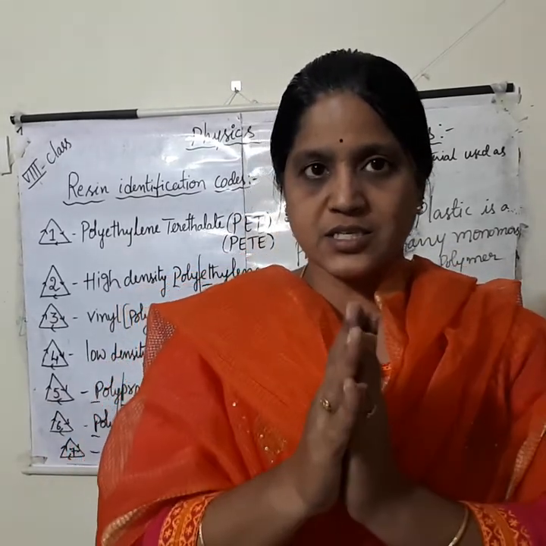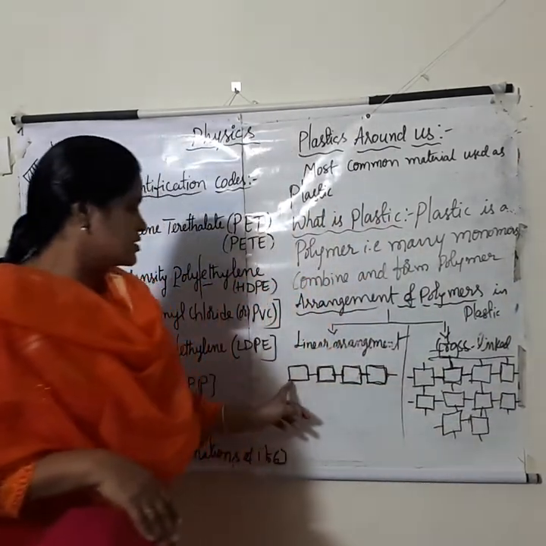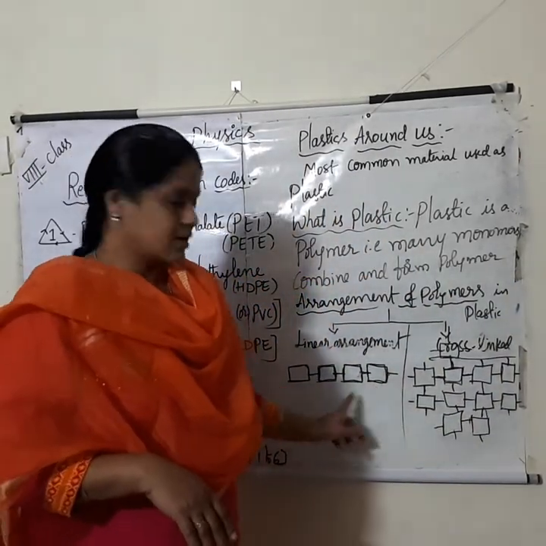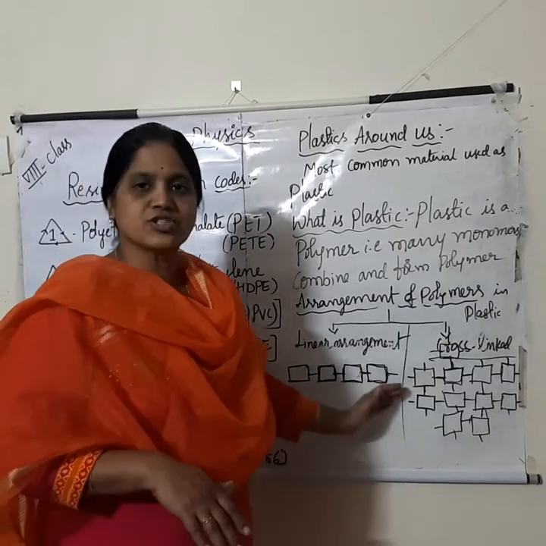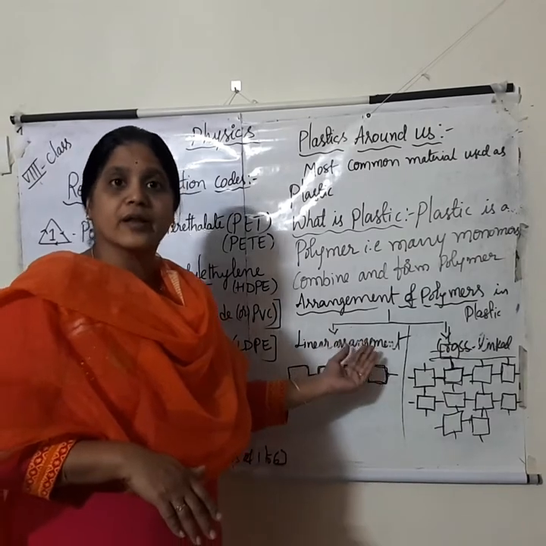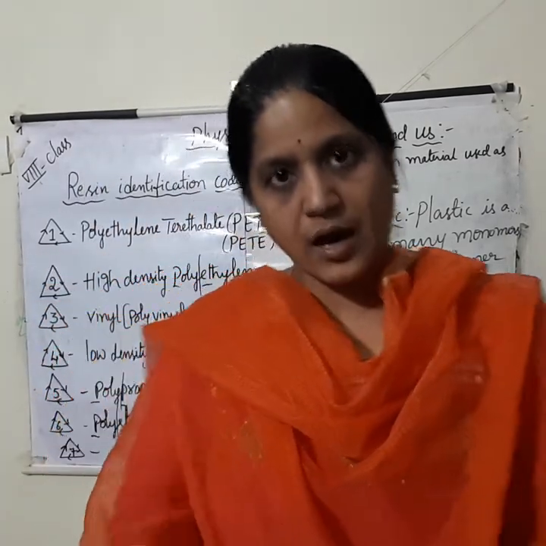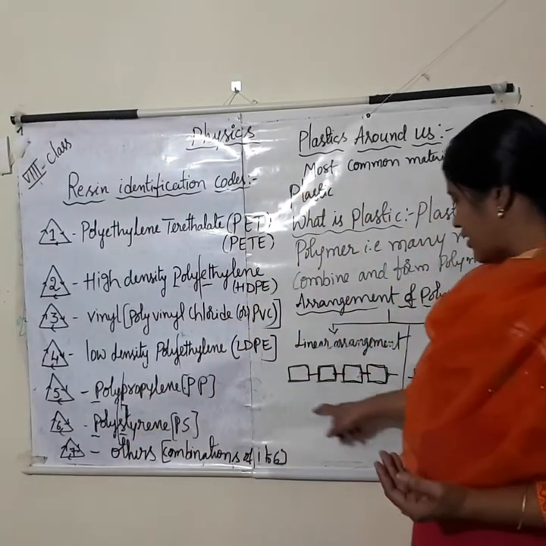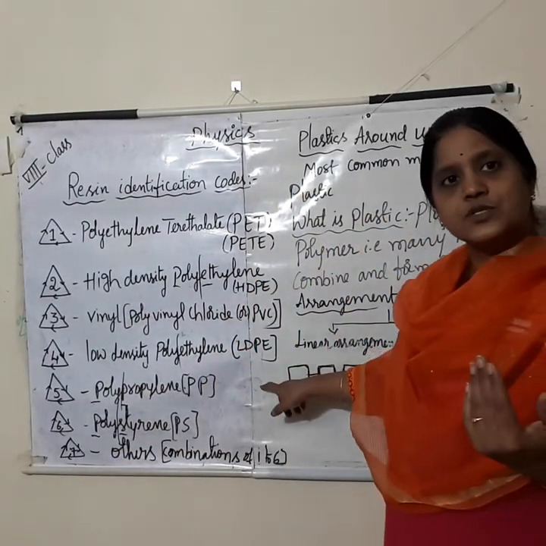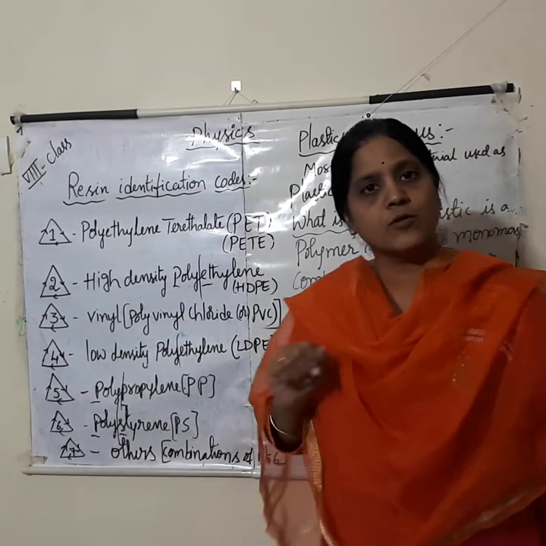Actually, I said plastics are of two types based on the arrangement of monomers. When the monomers are arranged like straight line chains, that linear arrangement is what you can observe in thermoplastics. That plastic we call a thermoplastic.